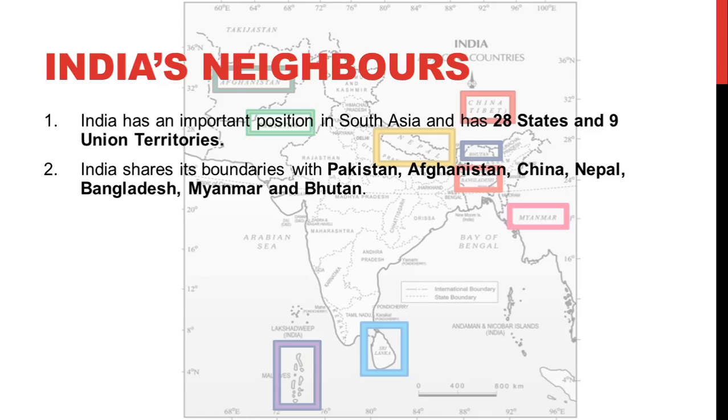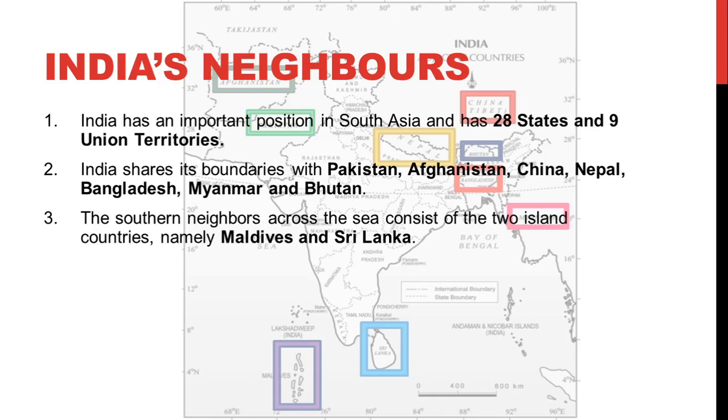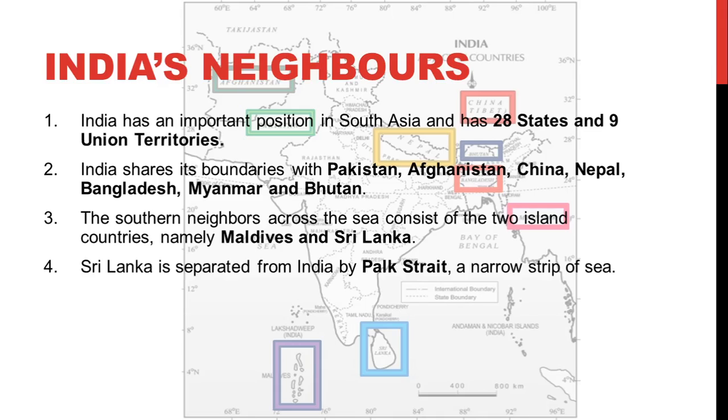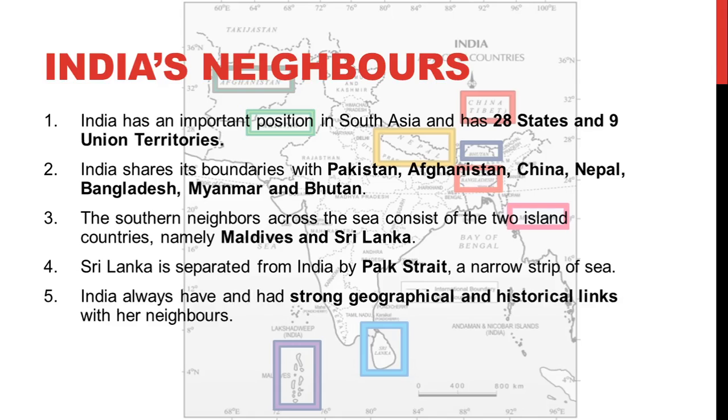The southern neighbors across the sea consist of two island countries, namely Maldives and Sri Lanka. Sri Lanka is separated from India by Pak Strait, a narrow strip of sea. India has and had strong geographical and historical links with her neighbors.